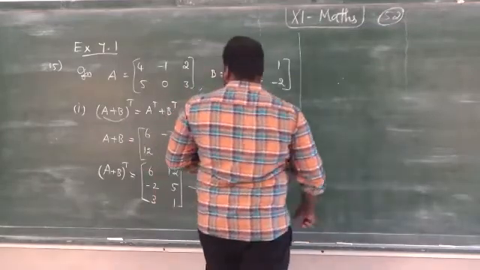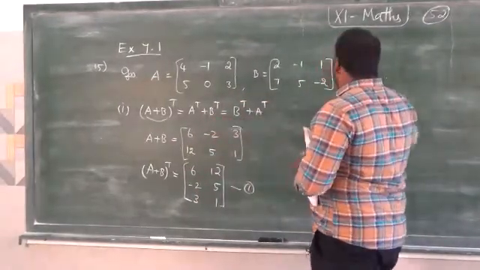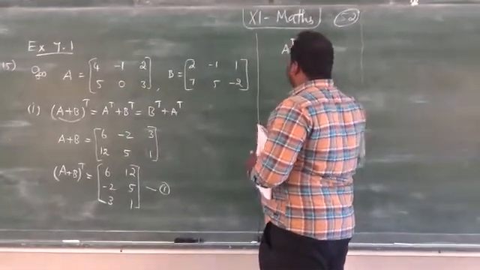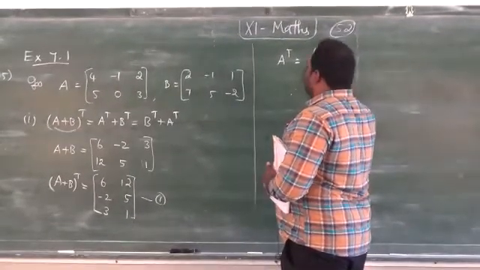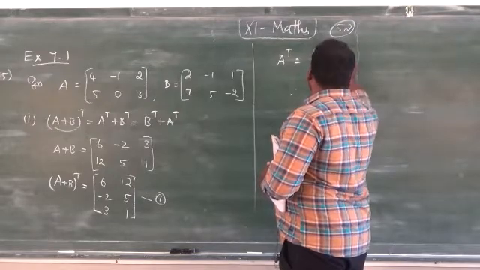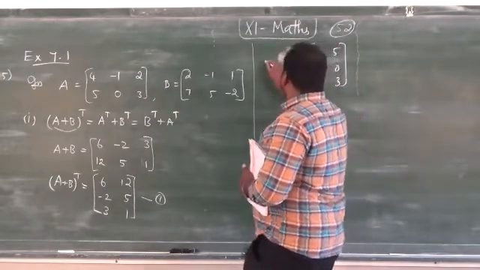Next, A transpose plus B transpose. For that I am going to use A transpose first, because A transpose is already given in the question: 4, 5, minus 1, 0, 2, 3. Here we can apply this directly, because it is easy.